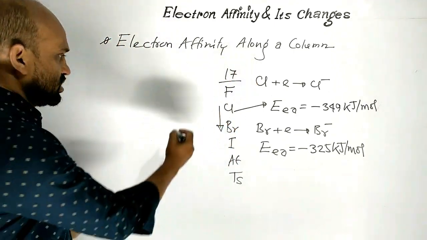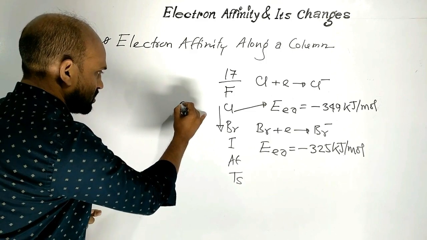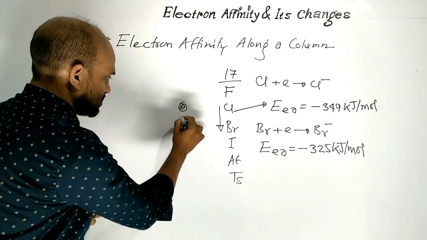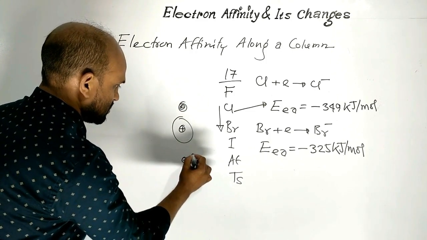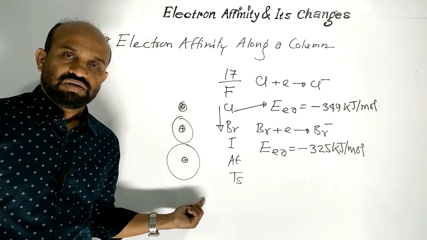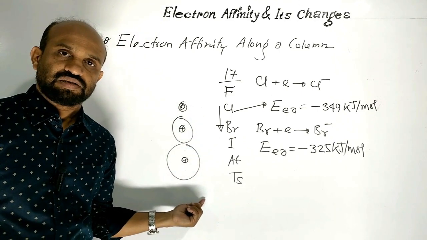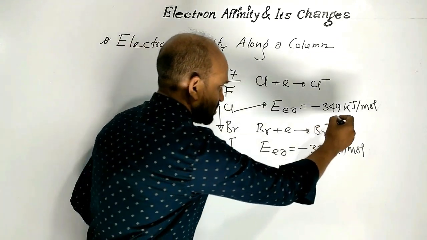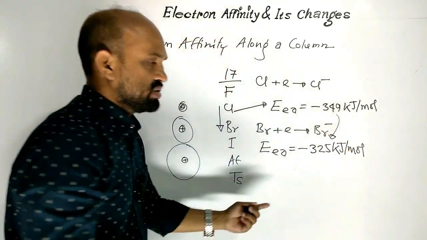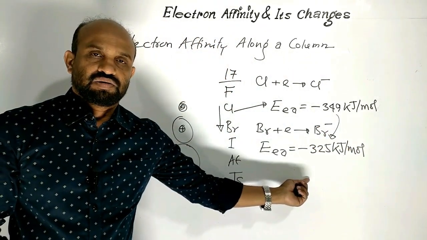We know along a column atomic sizes increase, and as a result electron affinity decreases.